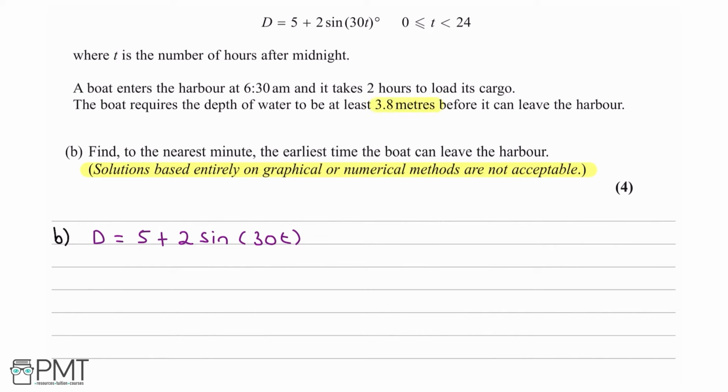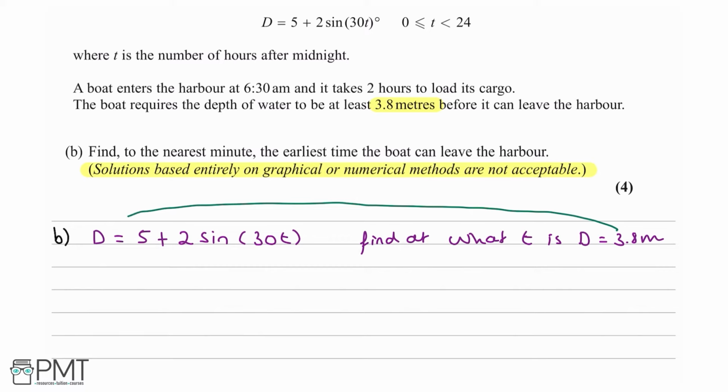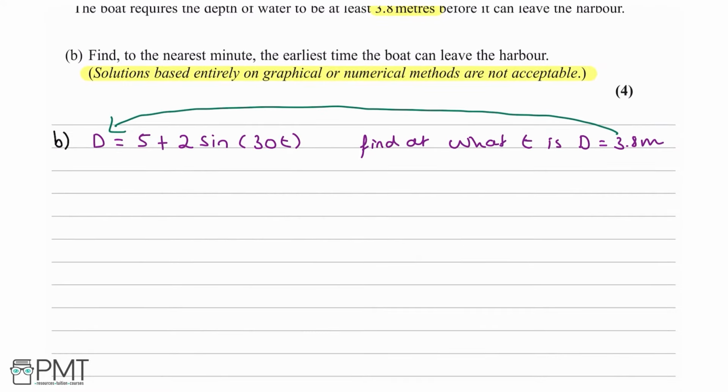So what we need to do is we need to find at what t is d equal to 3.8 meters, okay? So what we need to do is we need to plug in our value of 3.8 into our expression for d and use that to solve for t, okay? So we've got our equation here, and I'm just going to do exactly that.